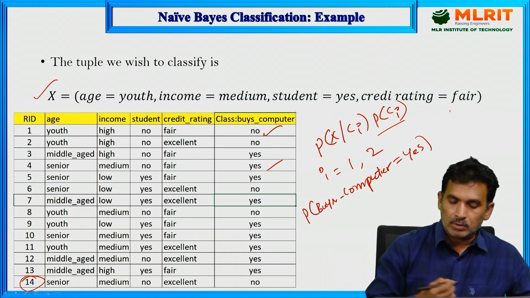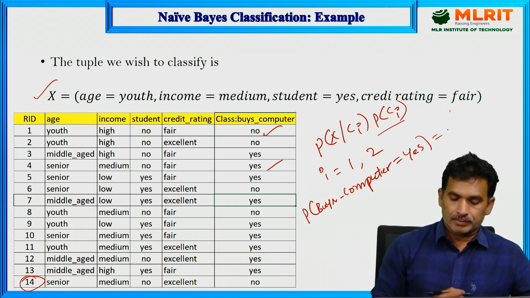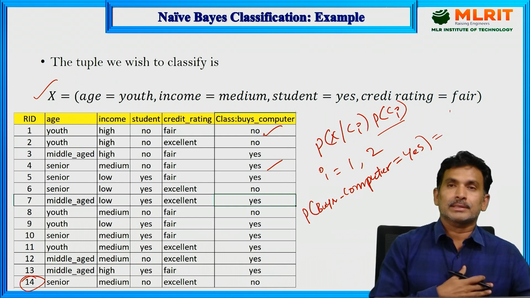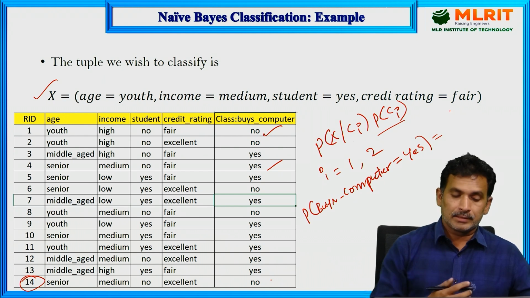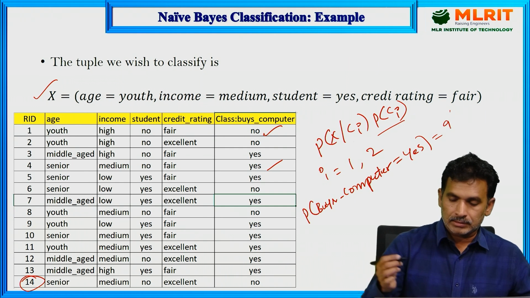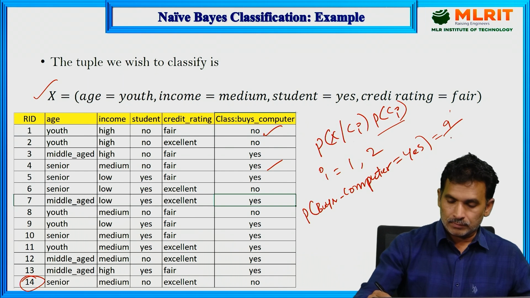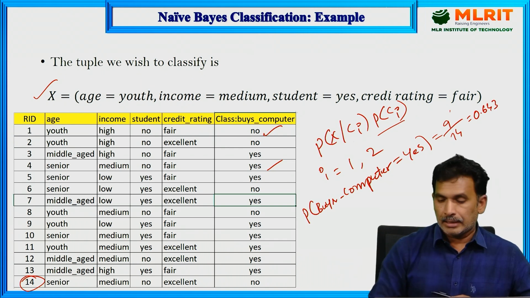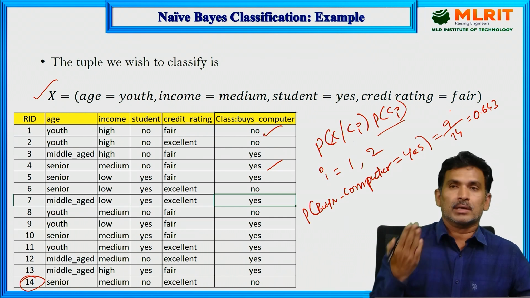This is the prior probability of the class label. We have 14 tuples in this data set. How many tuples have the class label yes? There are 9 tuples out of 14. If you simplify this, we get a value of 0.643.